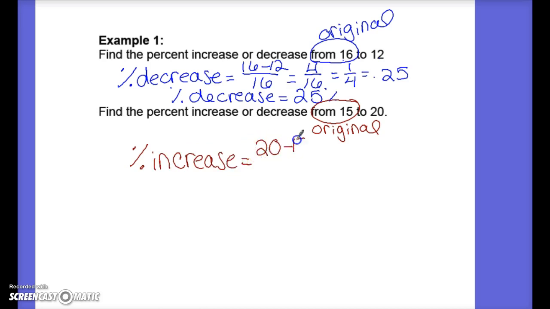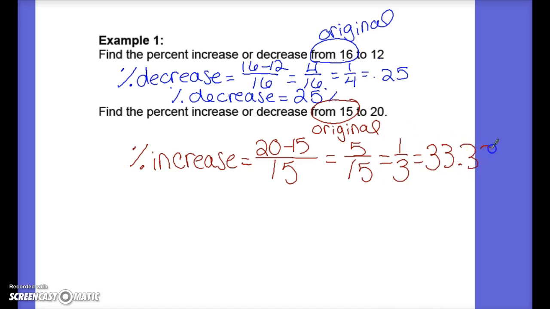So 20 minus 15, over this time my original is 15. So 20 minus 15 is 5/15, which simplifies to 1/3, which is 33.33 repeating percent. So the percent increase, it increased by 33.33 repeating percent.